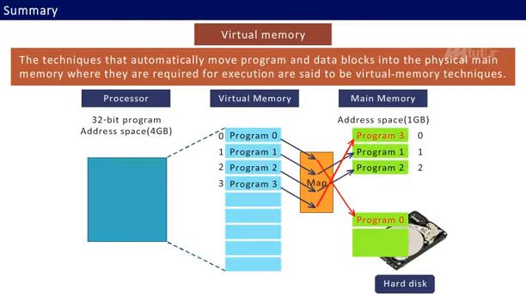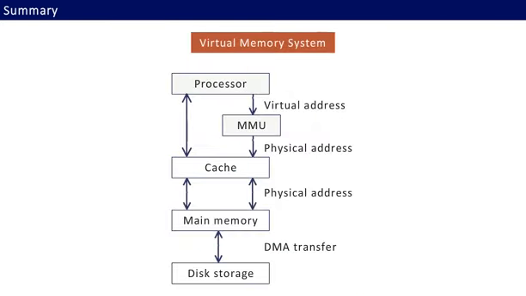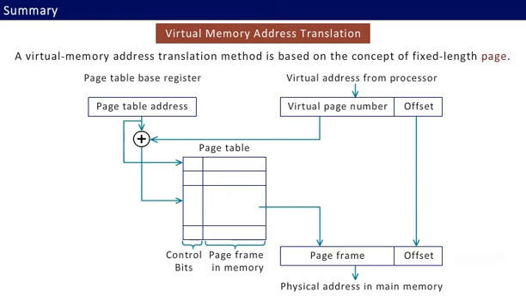The techniques that automatically move program and data blocks into the physical main memory where they are required for execution are said to be virtual memory techniques. The displayed image gives a diagrammatic walkthrough of the virtual memory system. A virtual memory address translation method is based on the concept of fixed length pages.